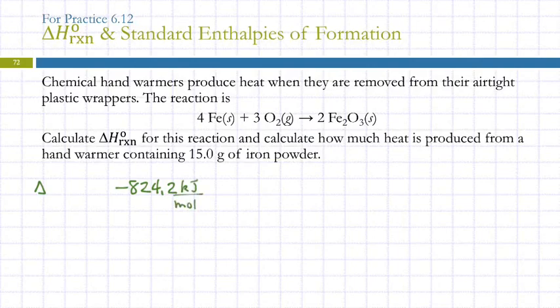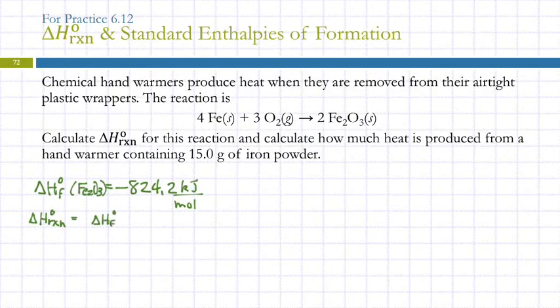Kilojoules per mole. So that's the heat of formation for Fe2O3. You look it up. And the heat of reaction equals, it's just like final minus initial. It's the products minus the reactants.